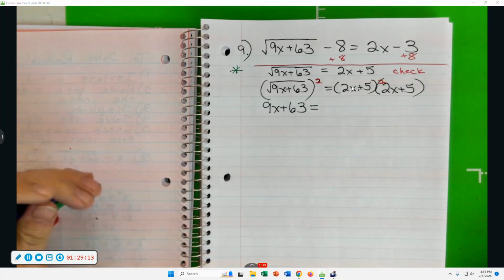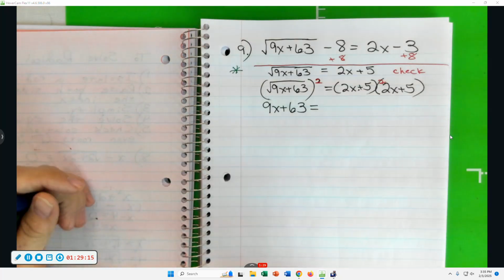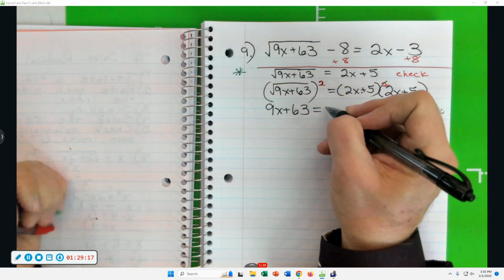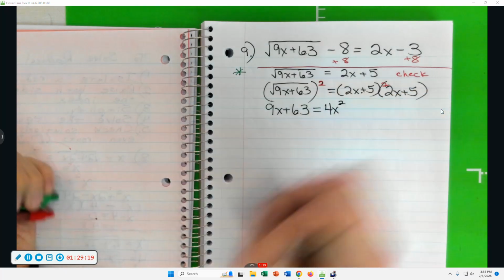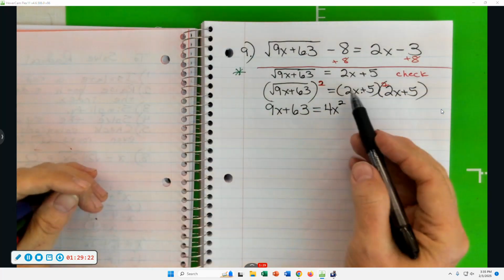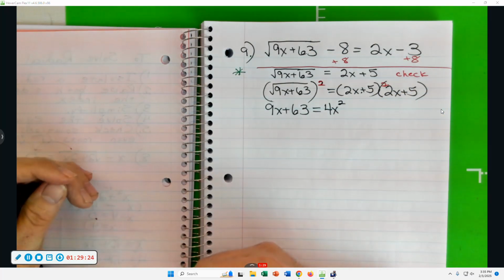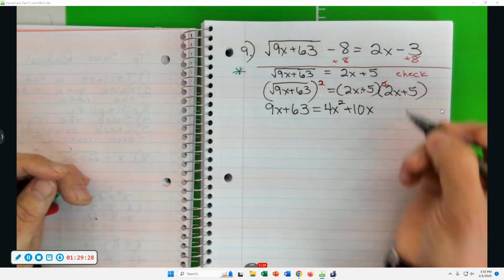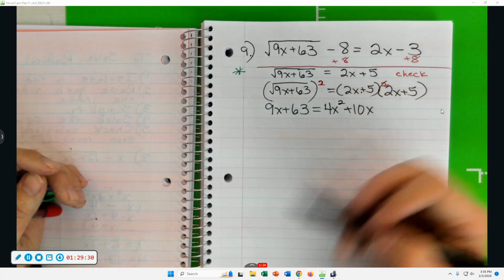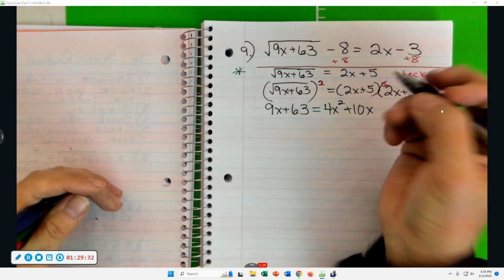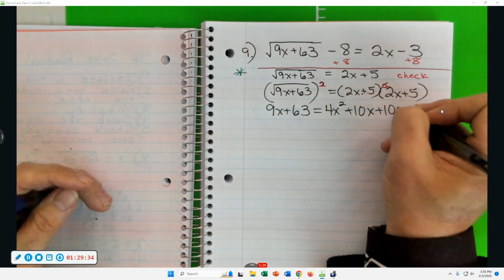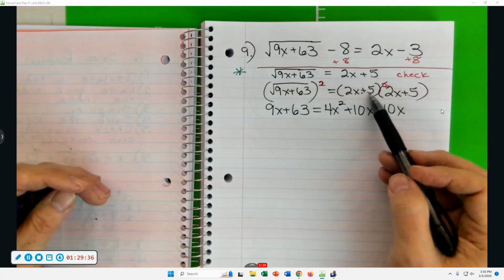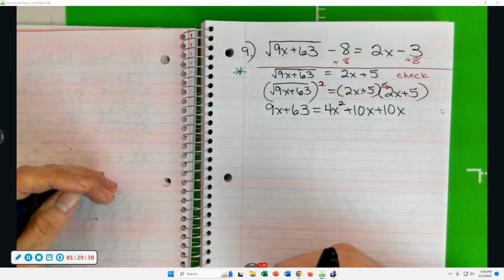Here we go. First, 2x times 2x. That's going to give me 4x squared. Outer, 2x times 5. That's a plus 10x. Inner, 5 times 2x gives me another 10x. Last, 5 times 5 is 25.